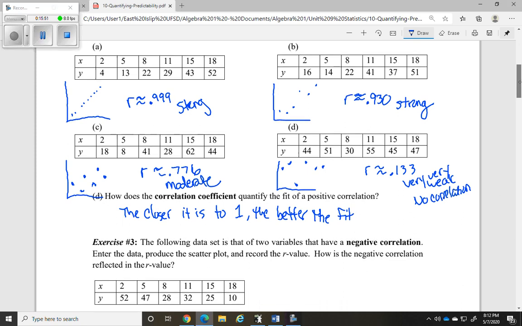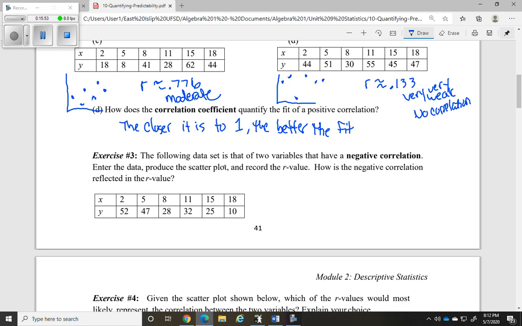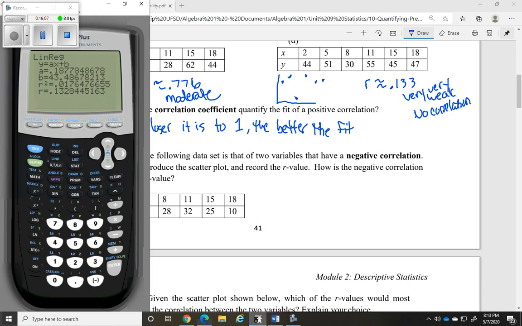So in exercise 3, the following data set is that of two variables that have a negative correlation. Enter the data, produce a scatter plot, and record the R value. How is the negative correlation reflected in the R value? So we have to clear both our L1 and L2.